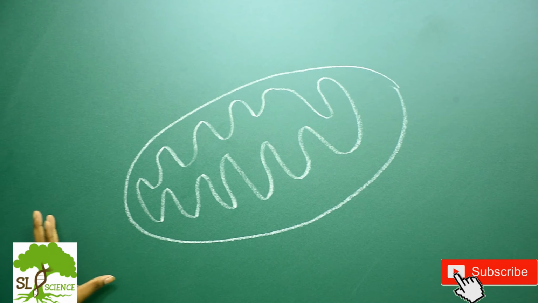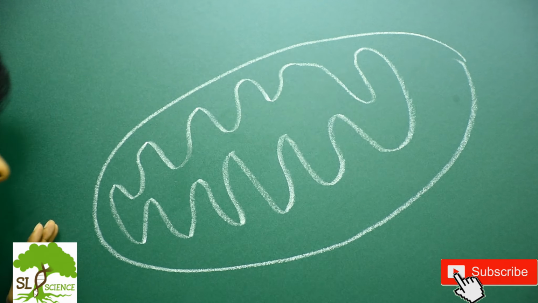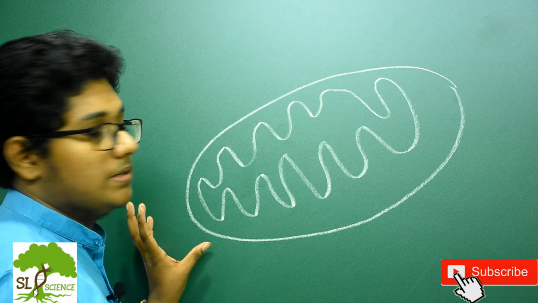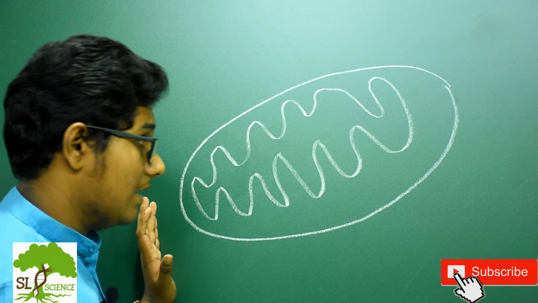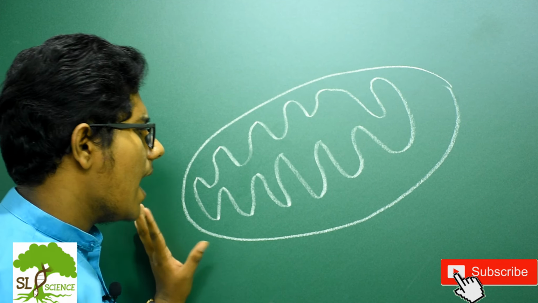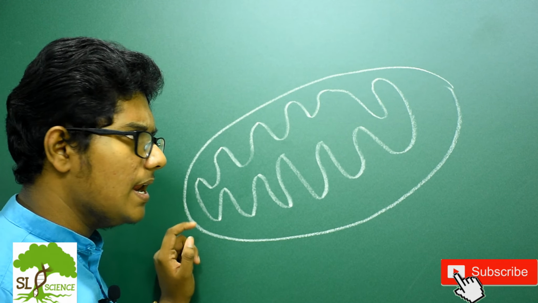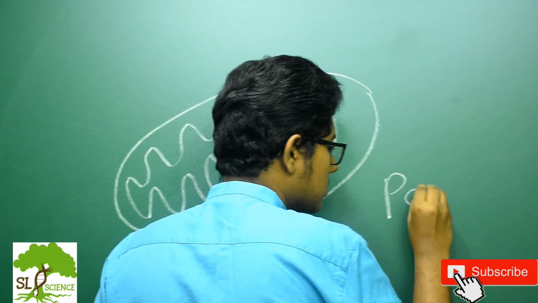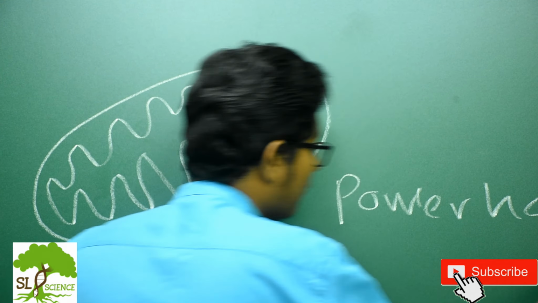This is the basic structure of the mitochondria, and when you go to your A-levels, you will discuss this very well. But for now this is just the basic structure, and the basic function of this organelle is that we call it the powerhouse of the cell.